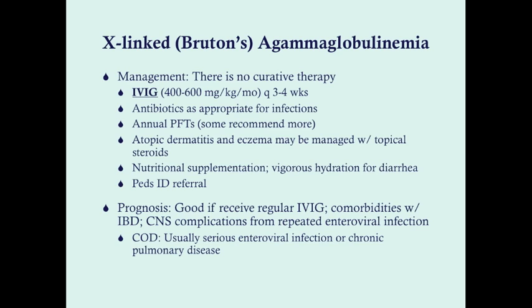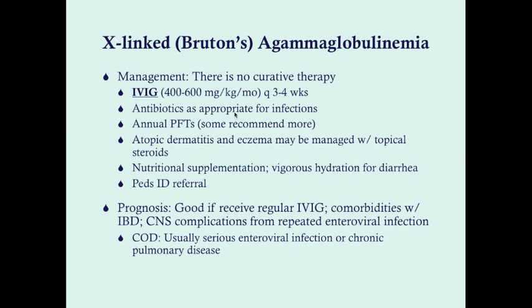Even though the person can't produce it themselves, it provides the immune globulins that help fight off some of the infections that they're susceptible to. So it's given every month, and this is the mainstay of therapy for XLA.